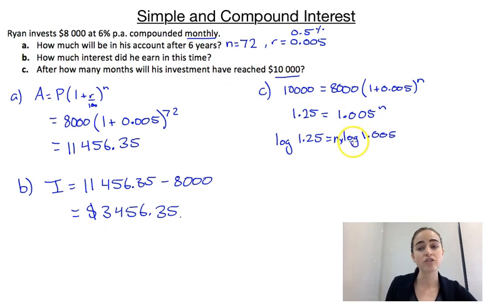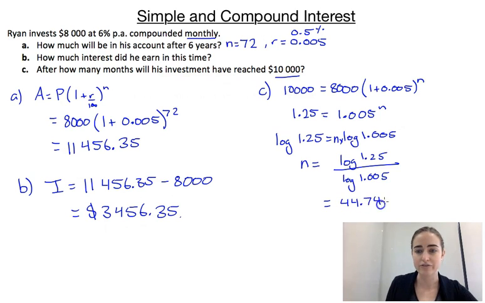And then to get the n on its own, I'm going to divide both sides by this. So I'm going to have n equals log of 1.25 divided by log of 1.005, and that's going to give me 44.74 and so on, which means that his investment will have reached $10,000 after 45 months.